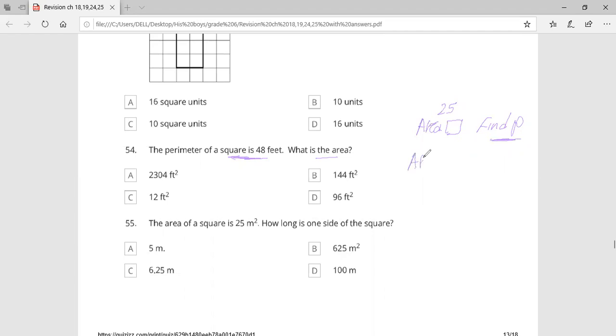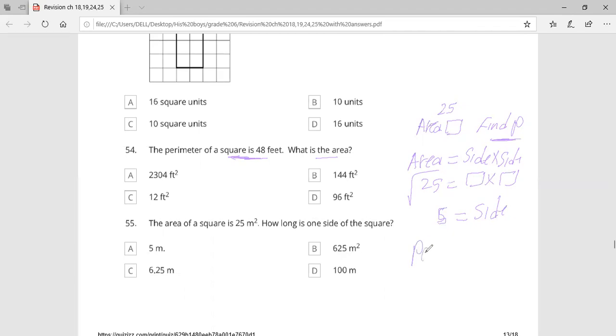You know the area is side multiplied by side. I'm speaking about a square now. Side by side is 25. Which number multiplied by itself equals 25? This means the square root. The square root of 25 is 5. So the side is 5.